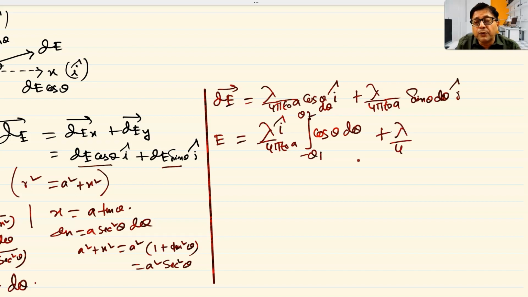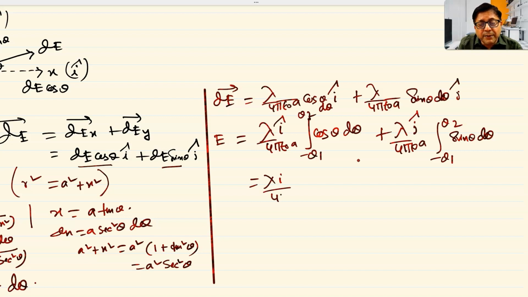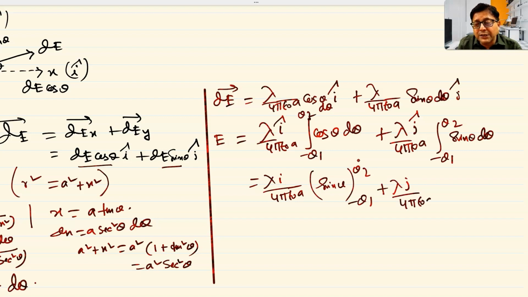Plus lambda by 4 pi epsilon-0 a, from minus theta 1 to theta 2, sin theta d theta, and j you take here. Just integrate: lambda by 4 pi epsilon-0 a, cos theta integration is sin theta, from minus theta 1 to theta 2, lambda j by 4 pi epsilon-0 a, from minus theta 1 to theta 2.